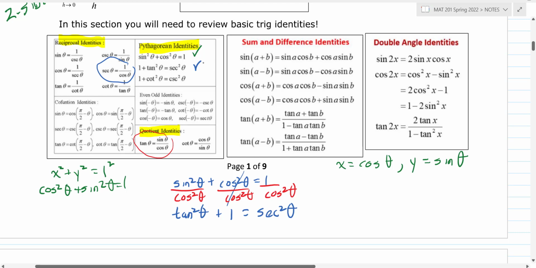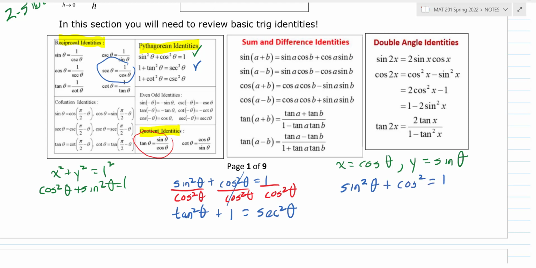Okay, these things pop up so often, I think it's important to either just memorize them, or the way I do it, I just know that sine squared plus cosine squared equals 1, then I derive the other two all the time. And I do it in my head. Okay, so we have sine squared theta plus cosine squared theta. Now what I'm going to do is divide everything by sine squared theta.